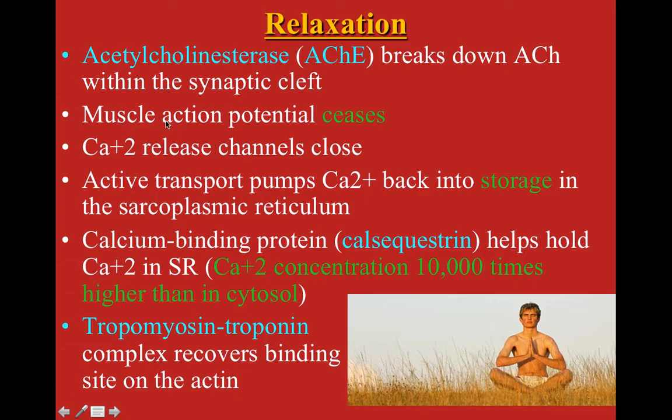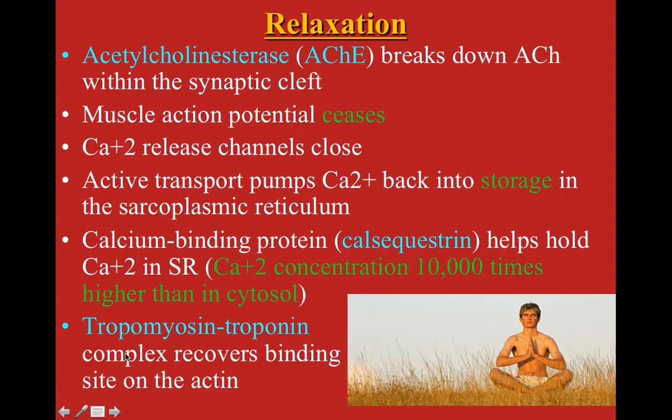Then what happens is the muscle action potential ceases or stops. The calcium ion channels close. The active transport pumps calcium back into storage in the sarcoplasmic reticulum. And the calcium binding protein, which is calsequestrin, there you go, helps hold the calcium ions in the sarcoplasmic reticulum, where the calcium ion concentration is 10,000 times higher than what would be in your normal cytosol, normal cell fluids.